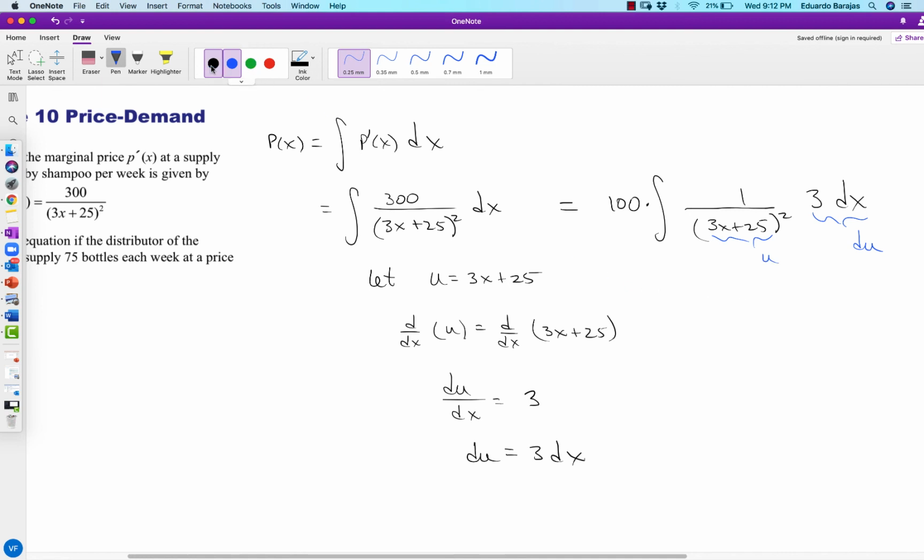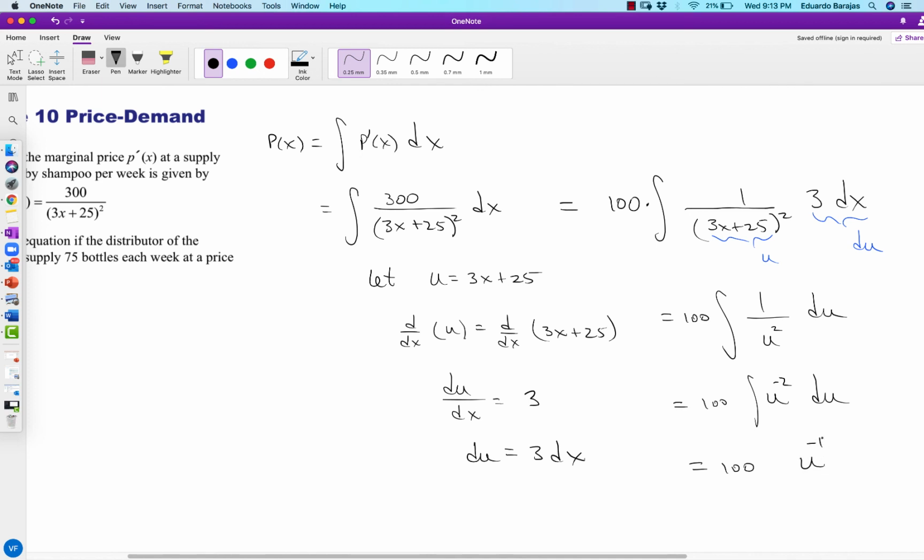So that means that this is equal to 100 times the integral of 1 over u squared du. And that's easy to integrate. That's the same thing as 100 times the integral of u to the minus 2 du, which gives me 100 u to the minus 1.